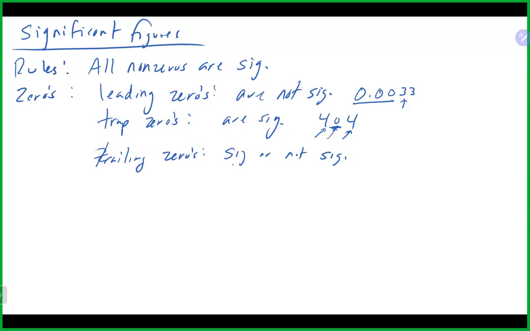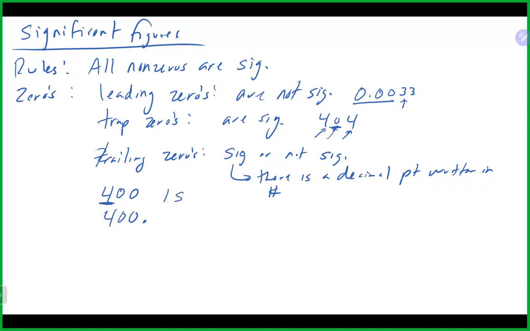So it would be significant if there is a decimal point written in the number. If you had something like this, 400 and 400., the top guy would actually have only one significant figure, as there is no decimal point written.